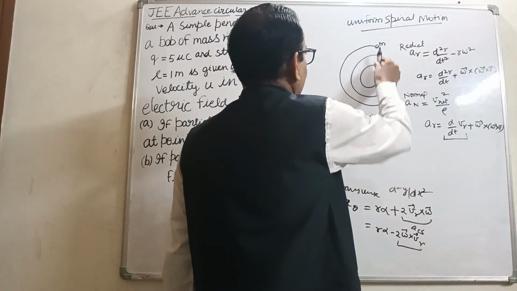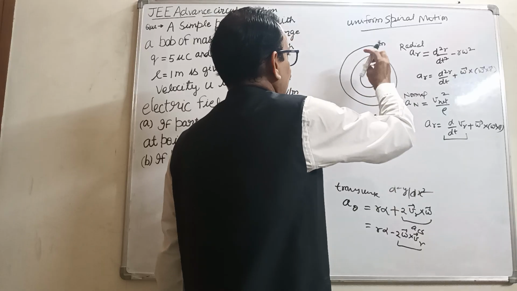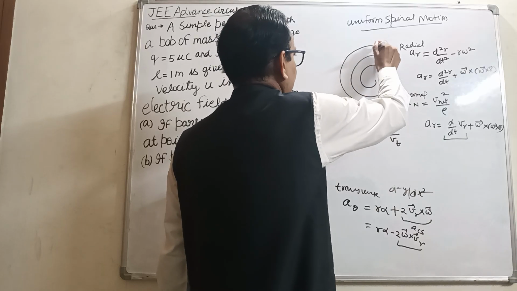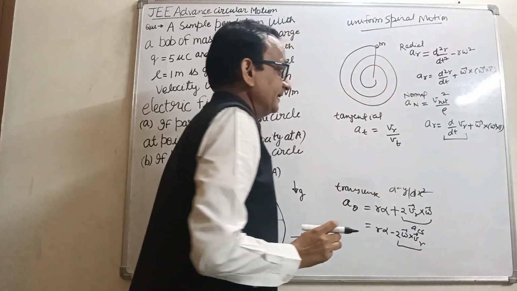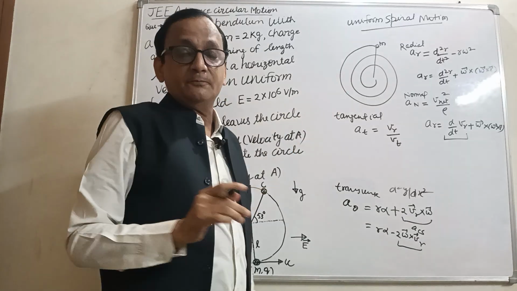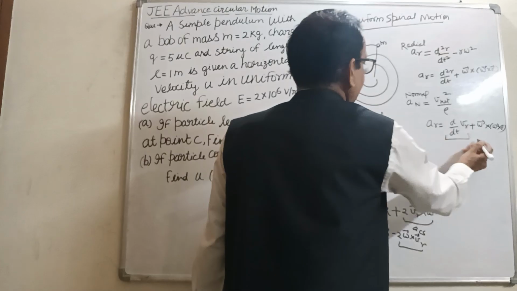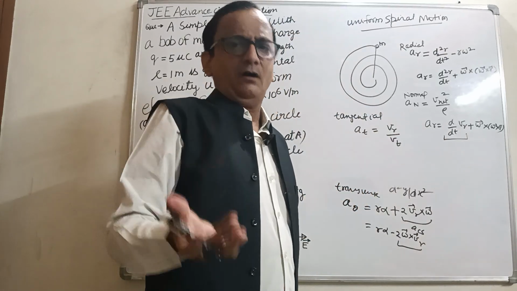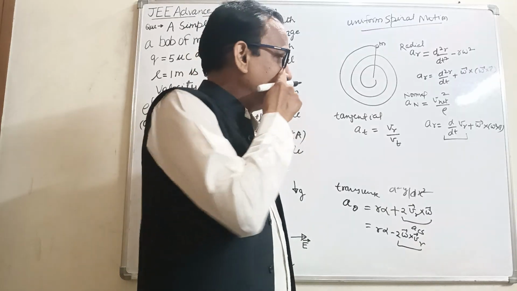So here when the mass is moving in a spiral motion, its radial velocity, that is radial towards the radius, the mass is having a radial velocity, so it is shrinking or it may be expanding.